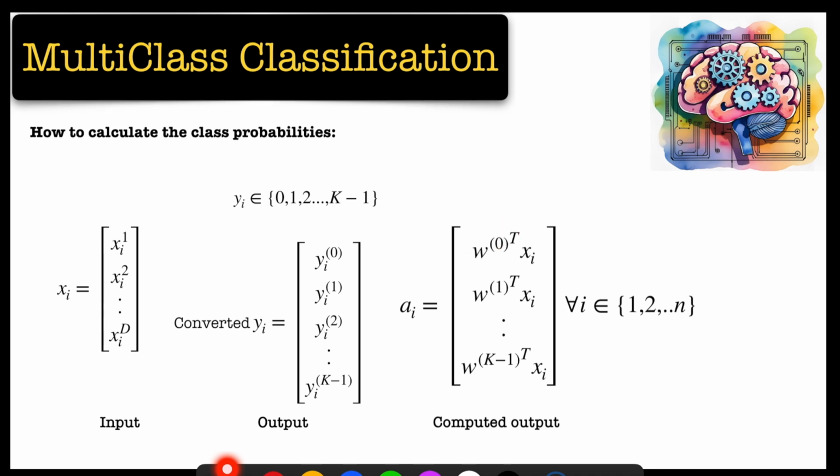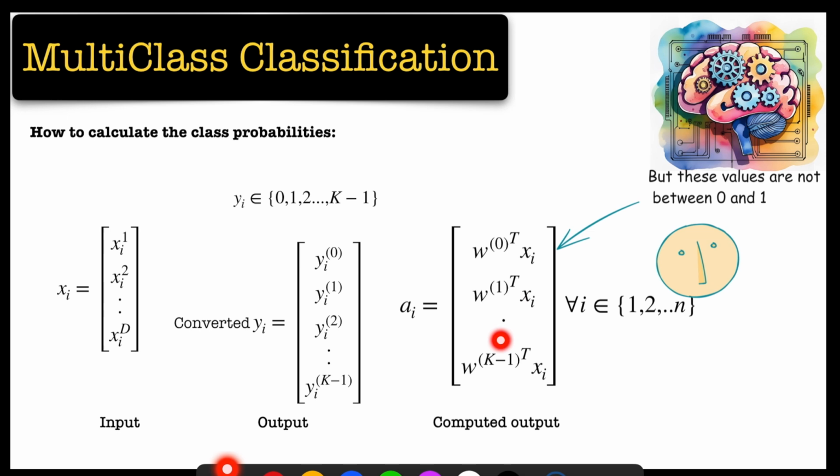So W0 transpose Xi is the value we computed for class 0, W1 transpose Xi is the value we computed for class 1, and so on. Next we have to convert these values into probabilities, because these values are not between 0 and 1. How do we convert these linear values to probabilities?